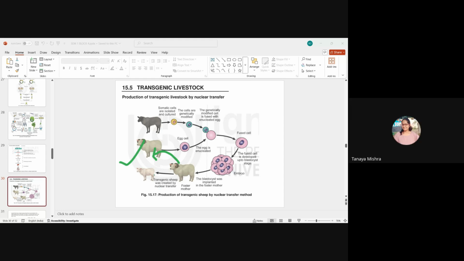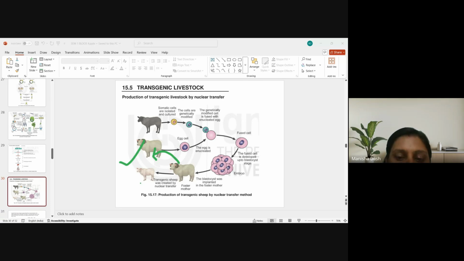Ma'am, like we saw, will every cell membrane allow the plasmid? No, it may not be possible. We have to find that out experimentally. It may be possible, it may not be possible. See, I told you this is allowed because this is a natural pathogen for the plant.